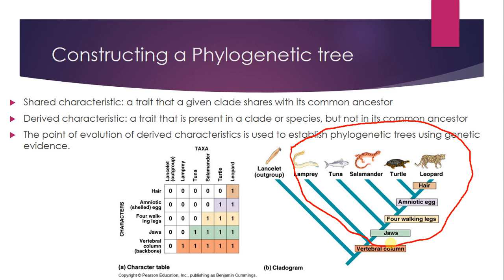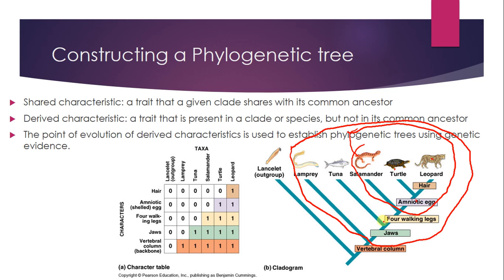A derived characteristic is a trait that is present in a clade or species but not in its common ancestor. So if we're looking at this clade here, amniotic eggs would be a derived characteristic for a turtle and a leopard when compared to the clade including the salamander. So, when we make cladograms, we always pay attention to derived characteristics and use them to partition the branch points.